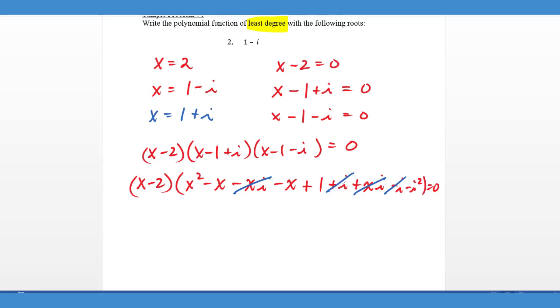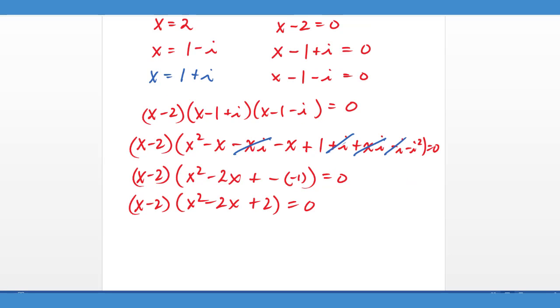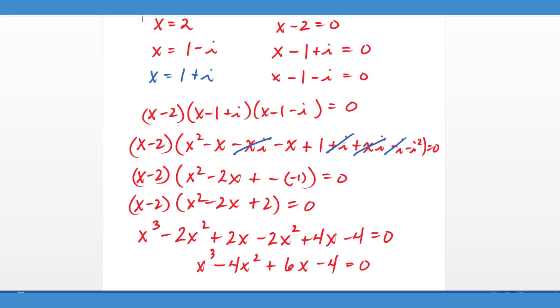So we'll go ahead and rewrite all these terms out. Okay, now that I've condensed that down to its simplest trinomial, now I'll need to distribute the x minus 2 across that trinomial. Okay, and I've finished writing this equation of the polynomial function with the least degree.